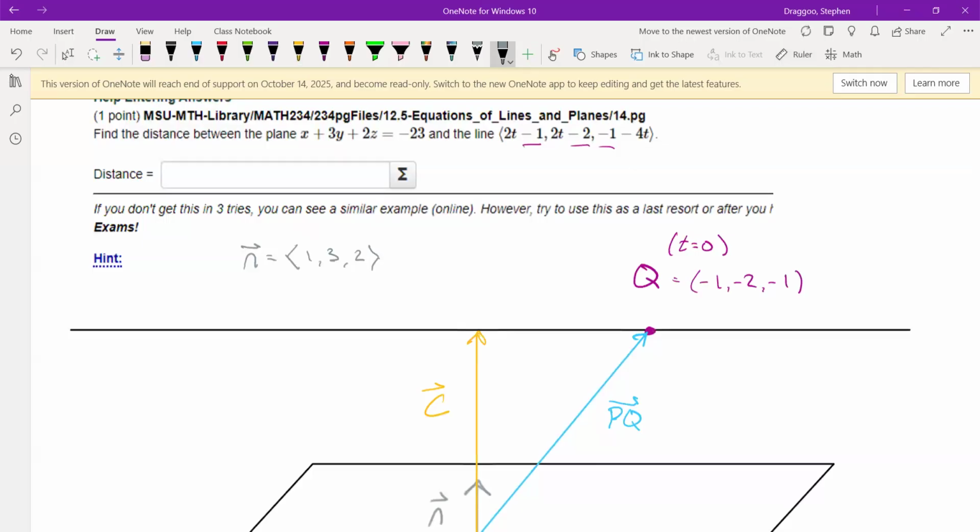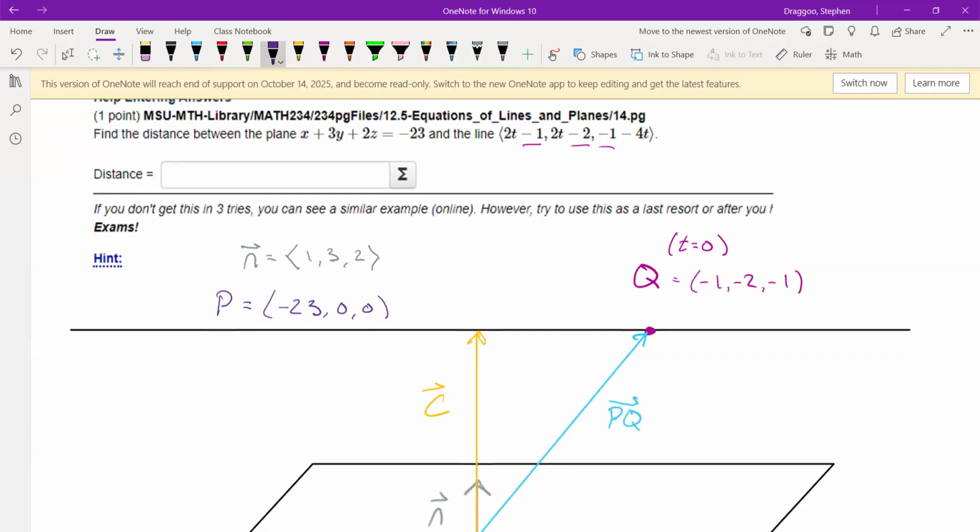And I need a point that's on this plane. Any point will do. So I think the easiest looking point is going to be -23, 0, 0. I'm kind of just pulling that point out of nowhere. There are infinity squared points that are on the plane, so I can choose whichever one I want. If I look back at the equation of my plane, x plus 3y plus 2z equals -23.